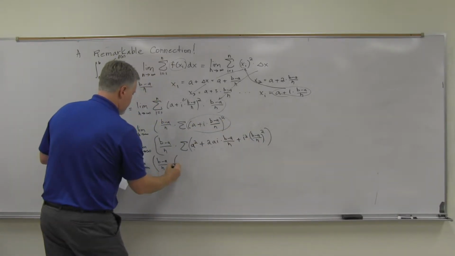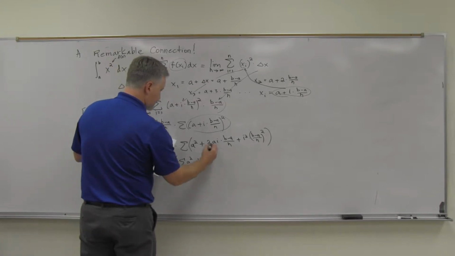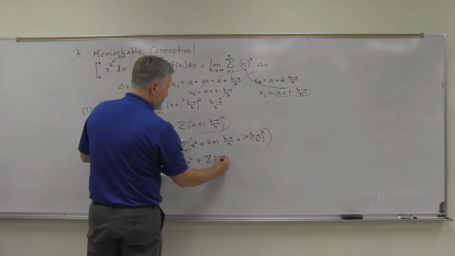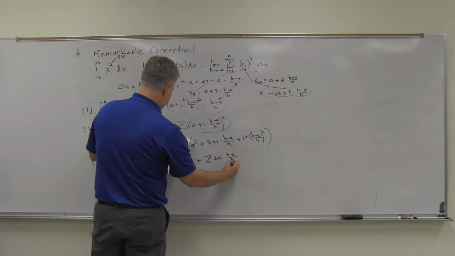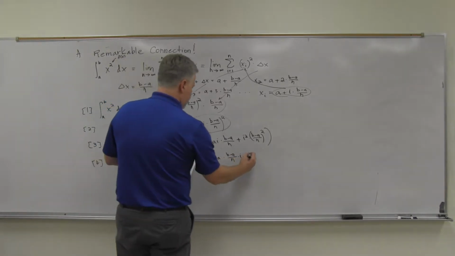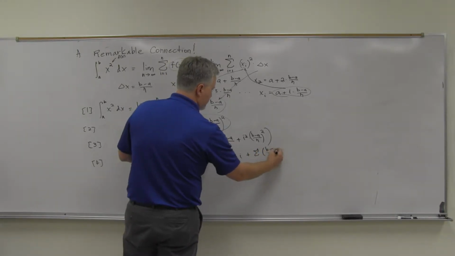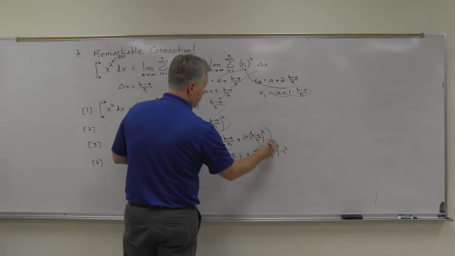So that's what I did. I got the summation of the a squareds, plus the summation of this 2ai times b minus a over n, I'll put the i at the back there, plus the summation of b minus a over n squared times i squared. Flip-flop those.